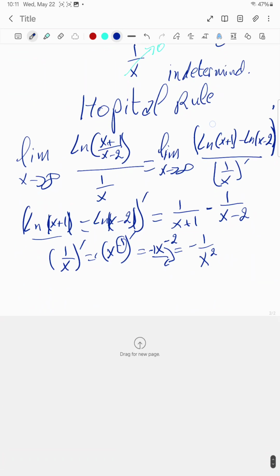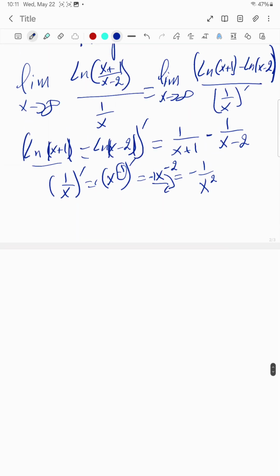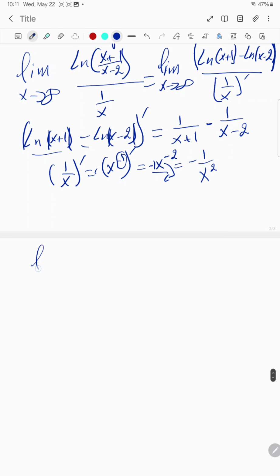So now if I apply L'Hopital rule, it becomes the limit when x goes to infinity of (1 over x+1 minus 1 over x-2) divided by minus 1 over x squared.